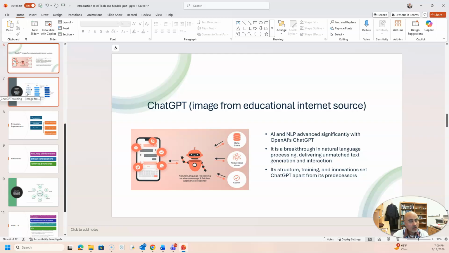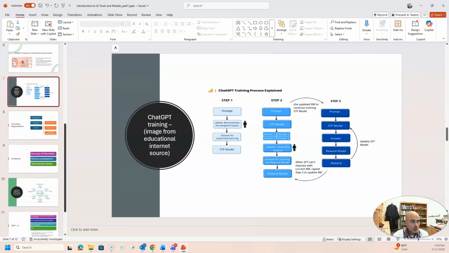There are a lot of data sources that are involved in the training methodology of ChatGPT. So it is trained on a diverse data set comprising a vast amount of internet-generated text. This big database enables the model to learn various language patterns, styles, and information.